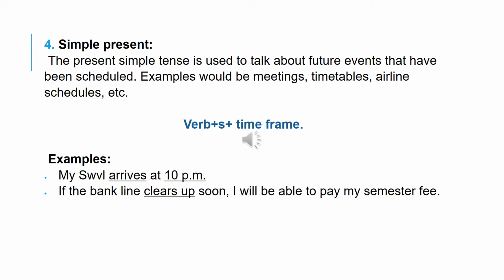So coming towards the examples that are present on the screen, my ride arrives at 10 p.m. We already know that Uber, Careem, and transportation services have a certain schedule that they follow, and there's a specific time involved.